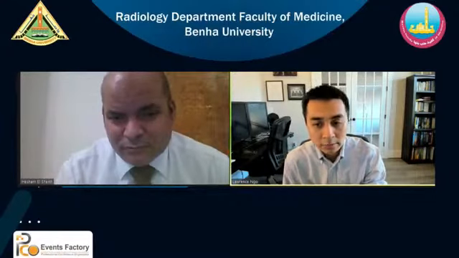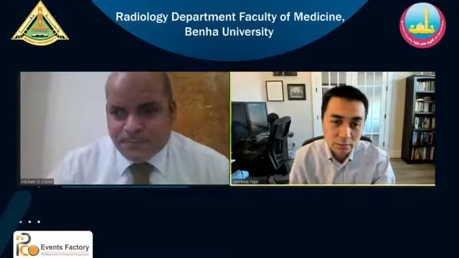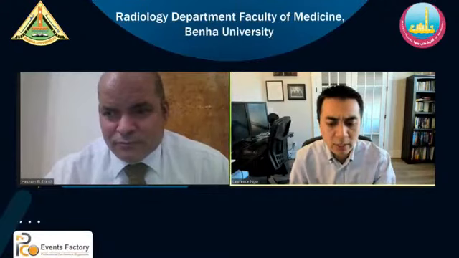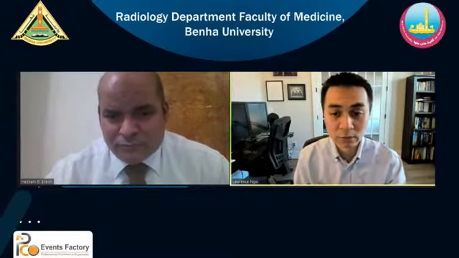So let me try to think of a good example. I think a good example is probably bone age. Right now, the algorithms that produce the pediatric bone age are quite accurate. And there was a recent study a couple months ago that showed that when you integrate that algorithm into the workflow, radiologists' performance is actually improved.